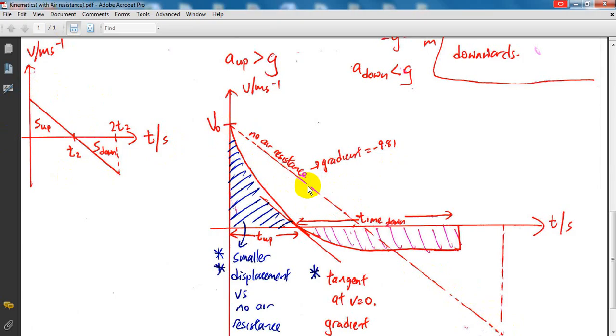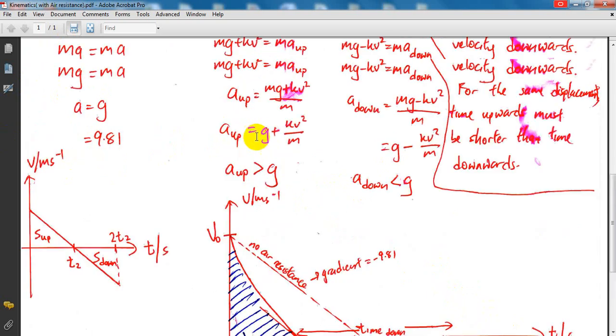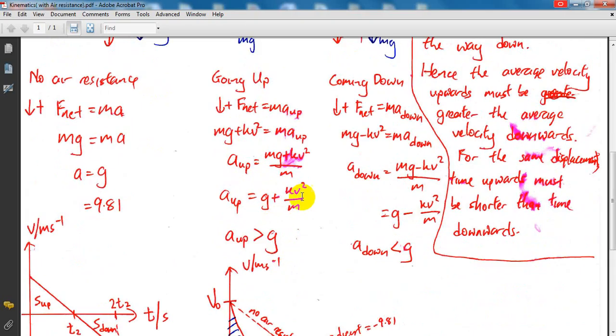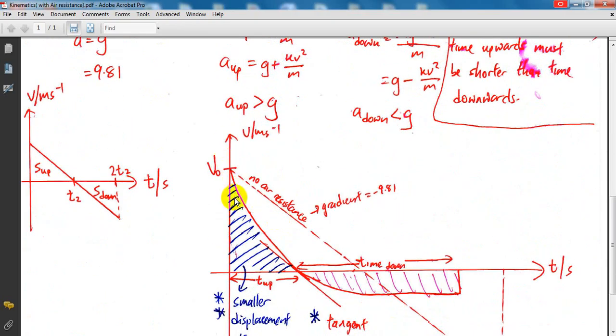However, we know that in the case of air resistance, my acceleration magnitude is greater than 9.81, because the net force downwards is greater than just mg. So we know that the acceleration value is greater than 9.81, and so the magnitude of the slope must be greater.